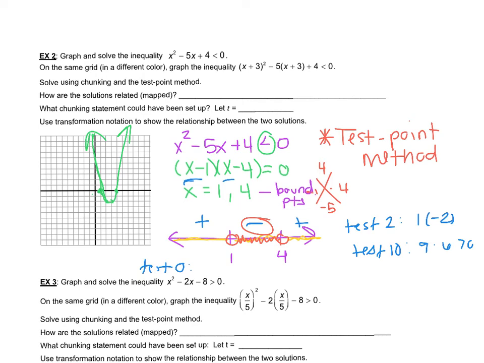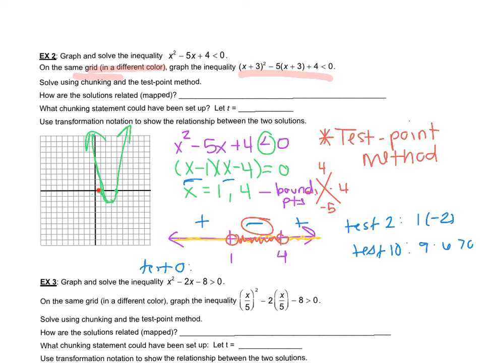So now what we're going to do is on the same grid, graph in a different color, so I'll use pink here, this transformation of our original. So all we're doing with this transformation is changing all of the x's. So instead of x squared, it's x plus 3 squared. Instead of negative 5x, it's negative 5 times x plus 3. And then the plus 4 is the same.